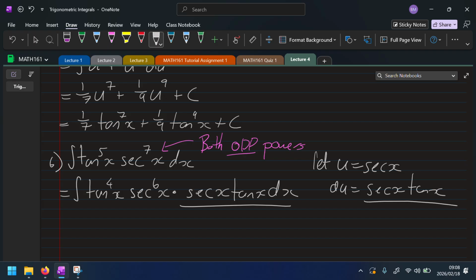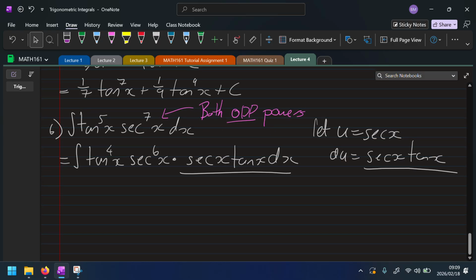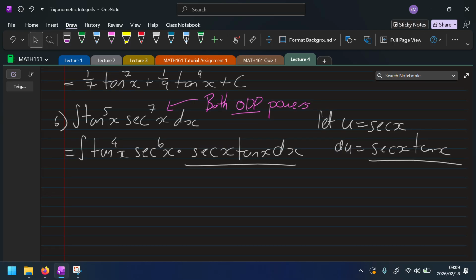Okay, so since we're saying u equals sec, all of the stuff in front here must be written in terms of sec. Okay, so the tan, we need to rewrite as sec. How can we do that? Well, it's tan to the 4. We can't do anything yet, but we can write that as tan squared, squared again.